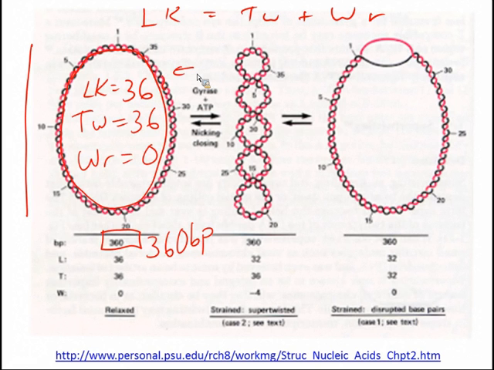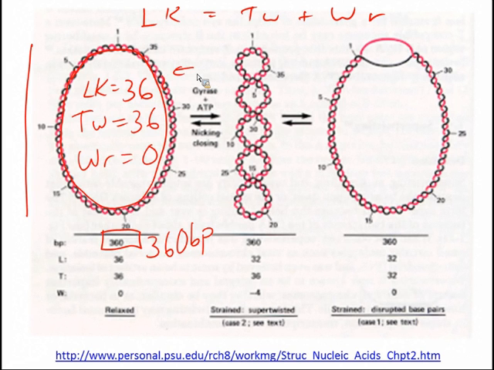But that change of 4, maybe your twist will now be 34.9, and your writhe will be minus 2.9, so that we now have a linking number of 32. So twist will actually change in reality. Maybe about 70% goes into writhe and 30% goes into twist. It will depend.